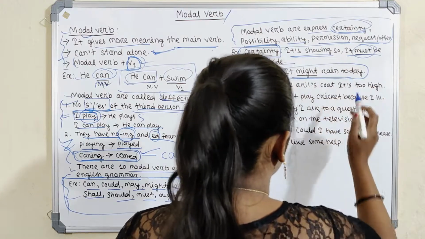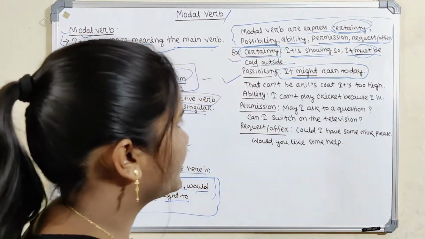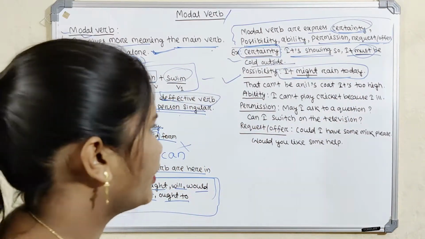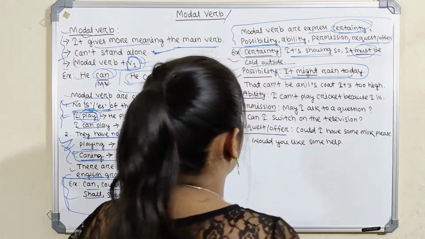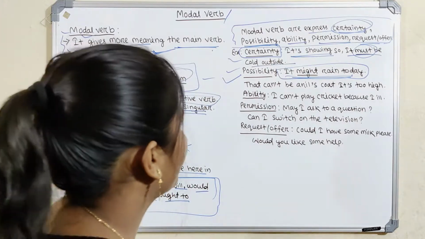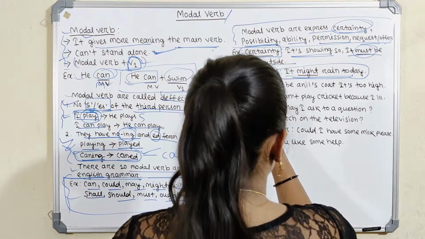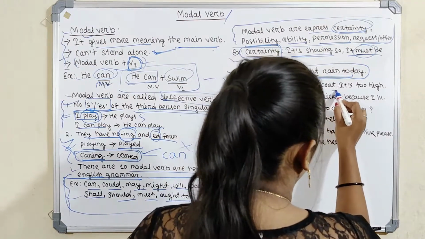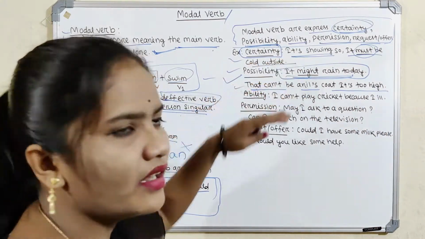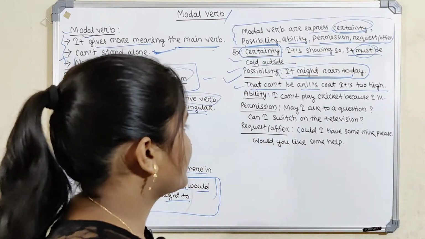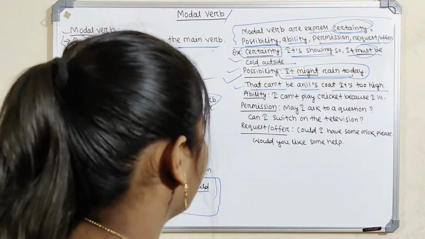We can write it in the way of possibility, using the modal verb might. Another example: that cannot be Anil's coat, it's too high. In this case of possibility, might or can is used.